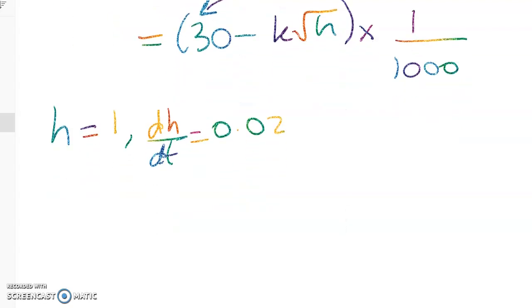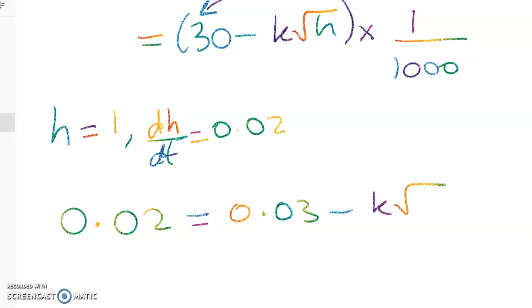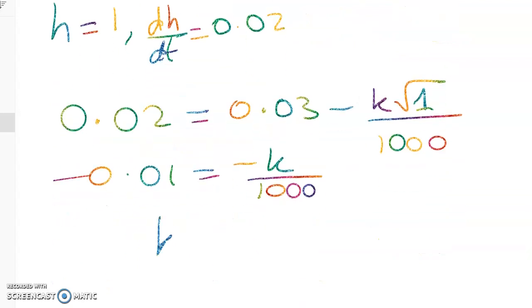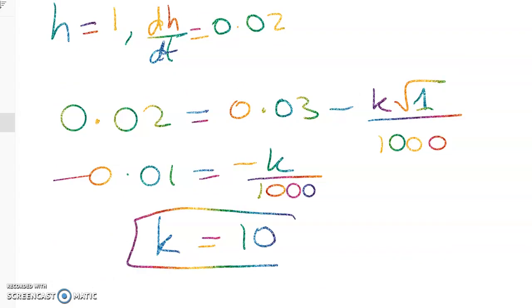So we substitute that in. 0.02 is equal to (30 minus k root 1) over 1,000. That gives me negative 0.01 is equal to negative k over 1,000. And that leaves me with k is equal to 10.